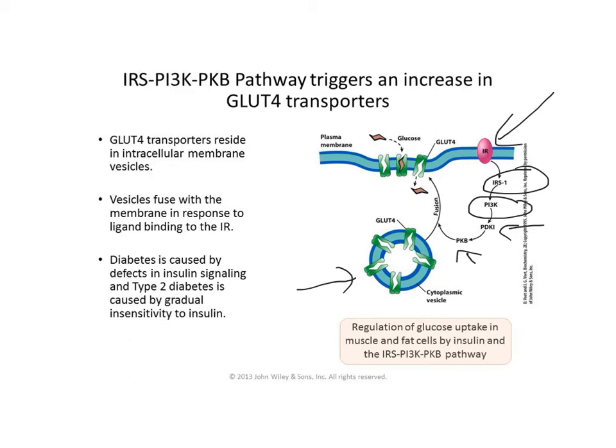Why is this important to exocytose these GLUT4 receptors? Because these GLUT4 receptors or transport proteins are ultimately involved in bringing glucose in.